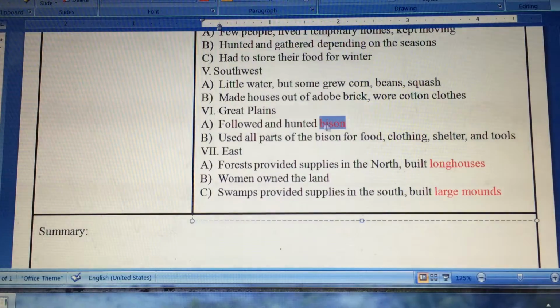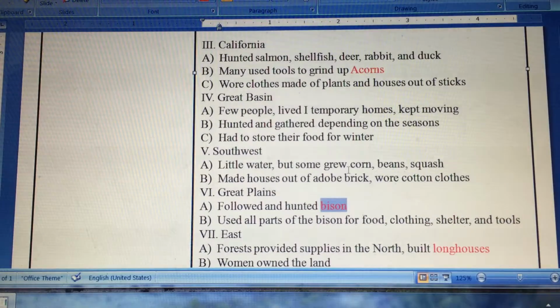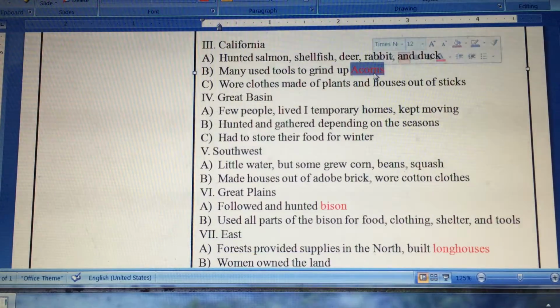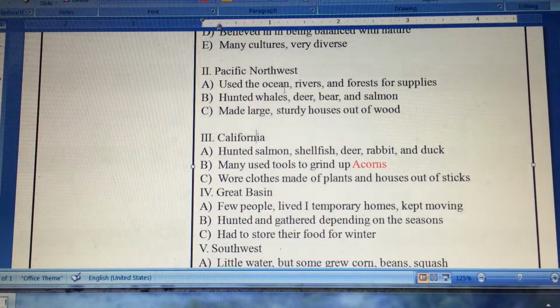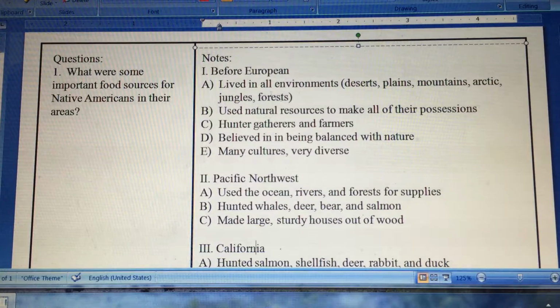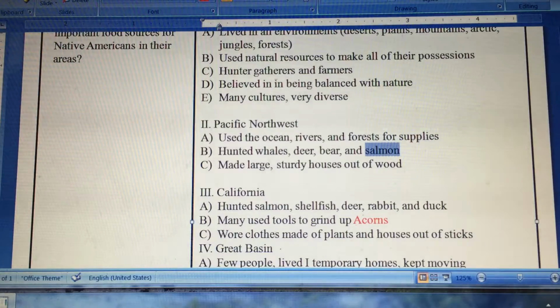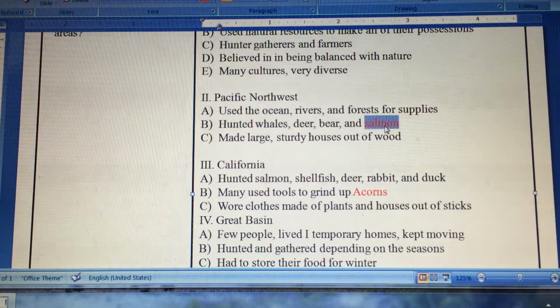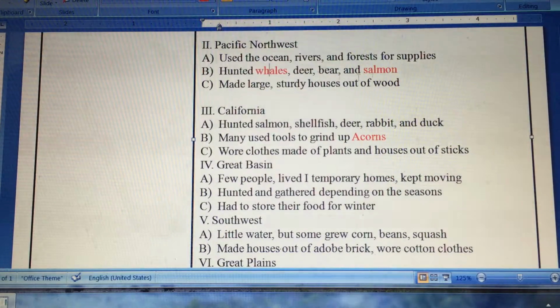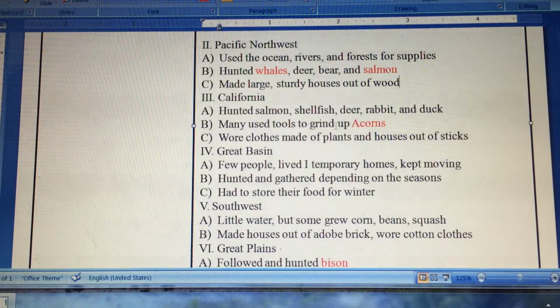that for the Great Plains, if you highlight this bison, you're going to know that that's something important. Acorns will be important for those in California. And I'm going to go a little further to the Pacific Northwest. One of the big sources for them, salmon. Salmon and whales. So, water-based. Those are two big important sources of food for them. Okay, California. We have acorns.